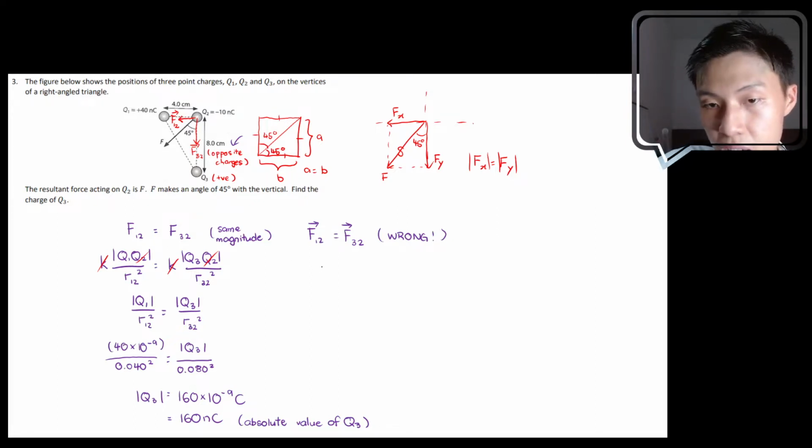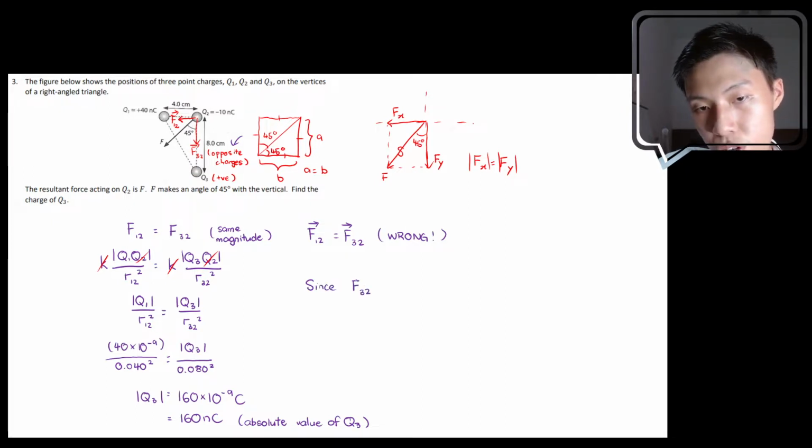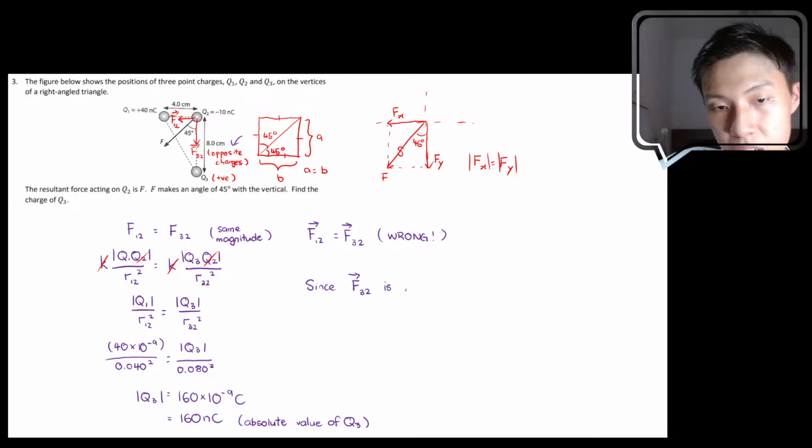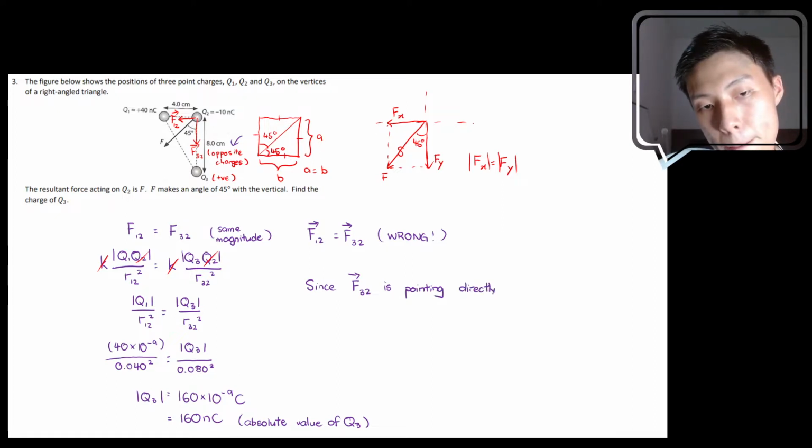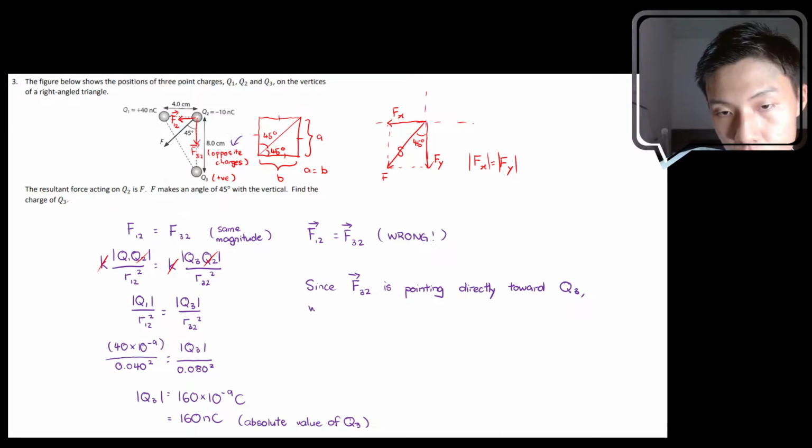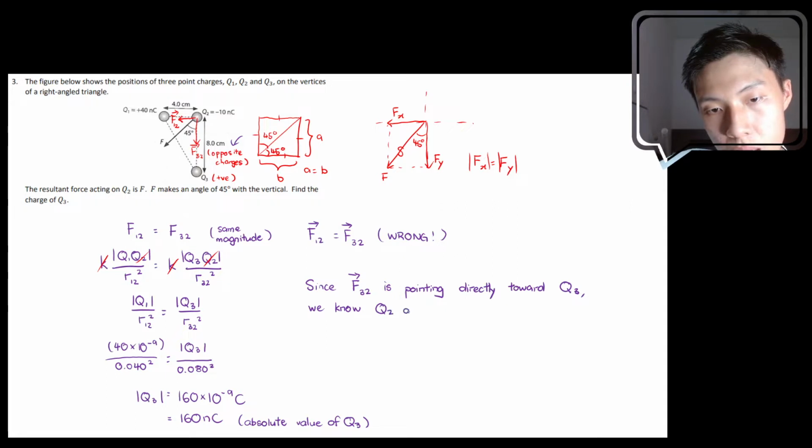So we say, since the force exerted by 3 on 2 is pointing directly toward Q3, we know Q2 and Q3 must be opposite in electric charge.